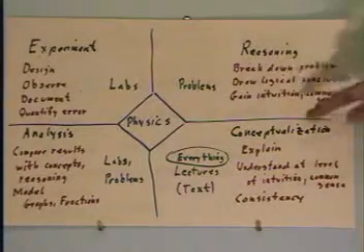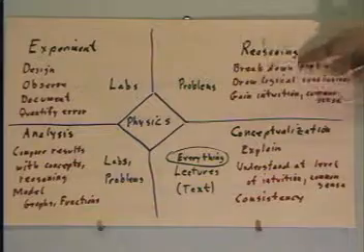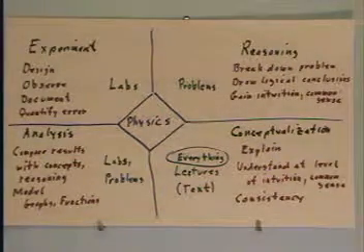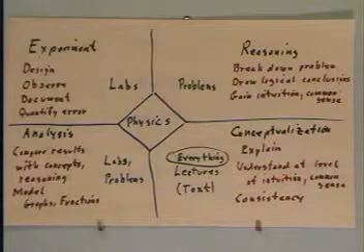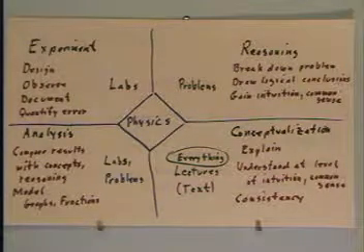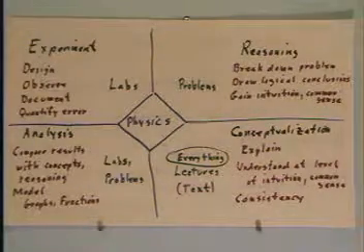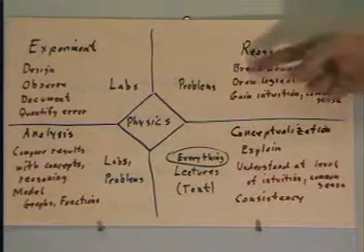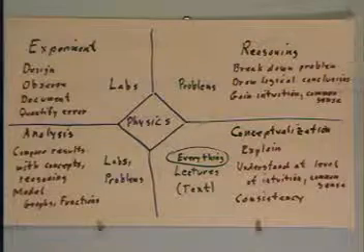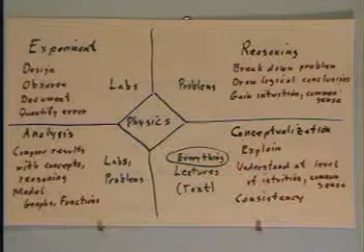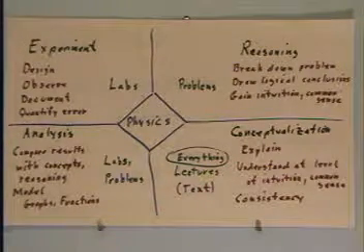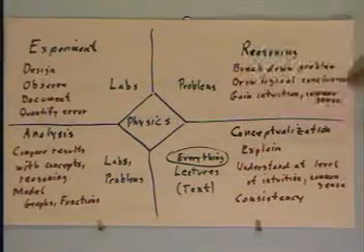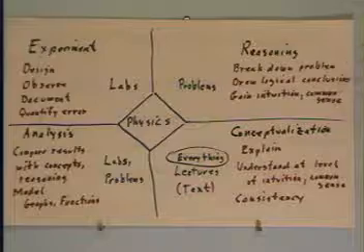Let's go up to reasoning. When we have problems, we try to reason out a solution. We don't just follow some algorithm we've learned by imitation and practice. We try to really understand what's going on. When we're confronted with a real problem, generally we're going to have to break the problem down into smaller problems. A lot of times we won't have a clue as to how to get the final result in a problem, but we will know enough to draw some logical conclusions from what we are given.